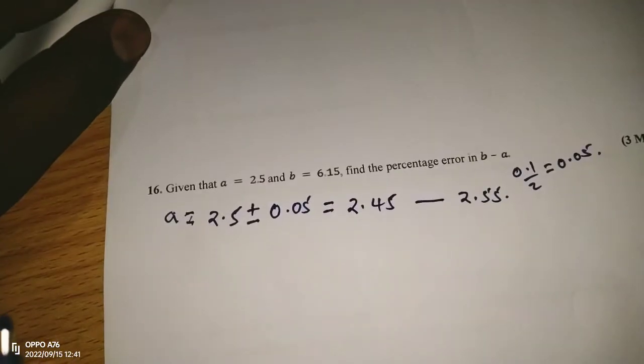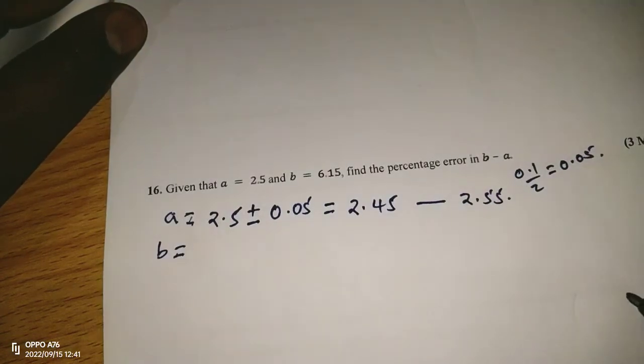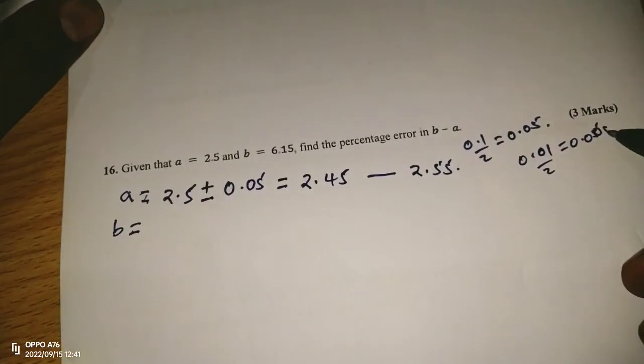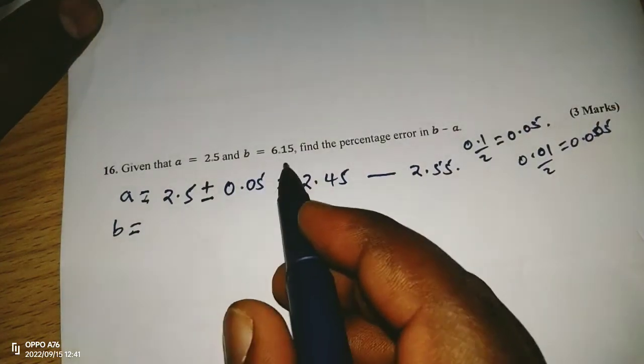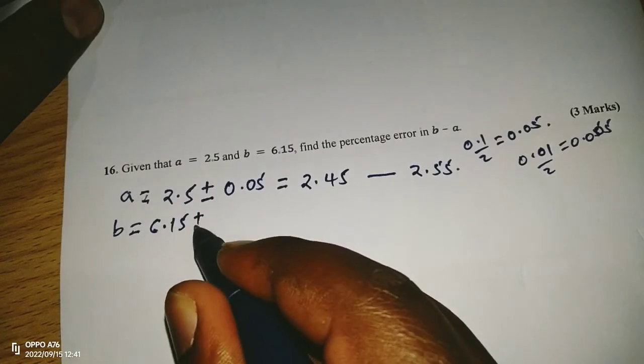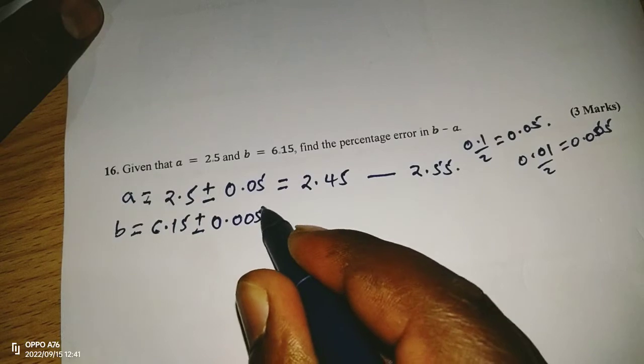On the other side, we have B. Because we have two decimal places, the absolute error in the recording is 0.01 divided by 2, which is 0.005, the absolute error in the recording of the figure of B. So 6.15, we add or subtract 0.005.